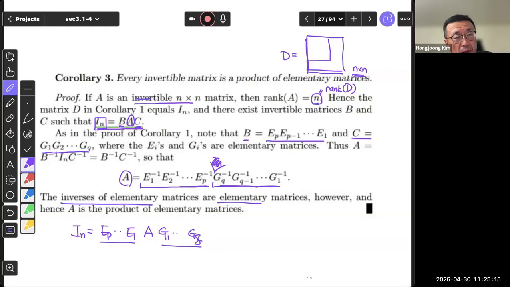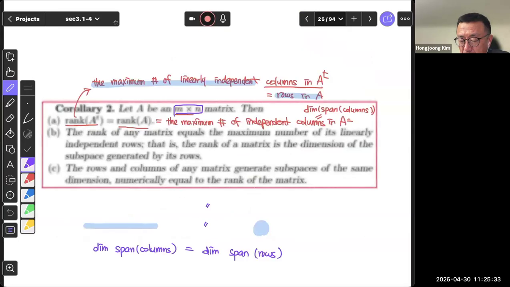So this A will be a product of elementary matrices.